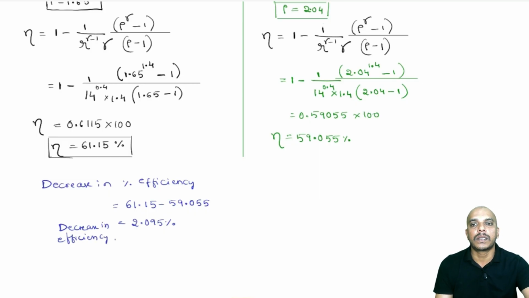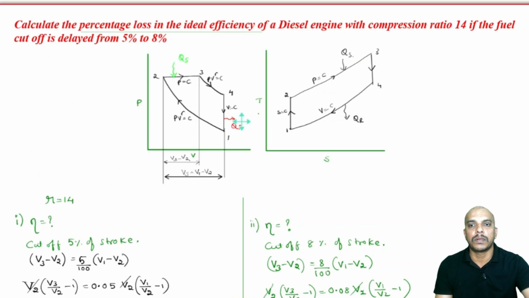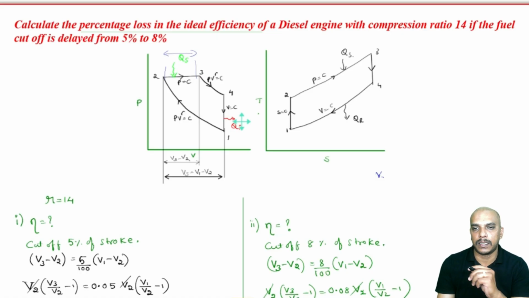Now, why this decrease happens can be attributed from here. If you look at this portion, V3 minus V2 is the portion which we are talking about. V3 minus V2 tells us that in the total stroke, what is the percentage of volume about which we keep on supplying the fuel.